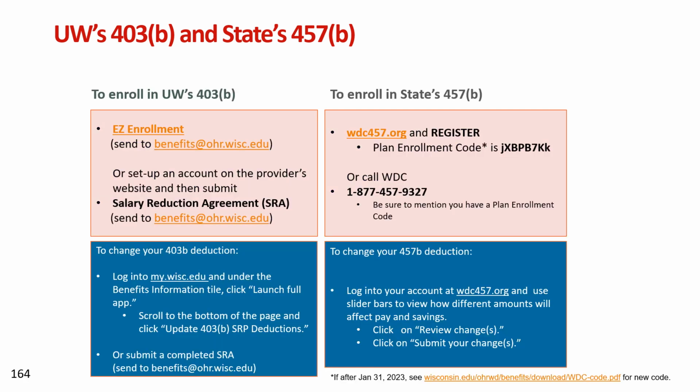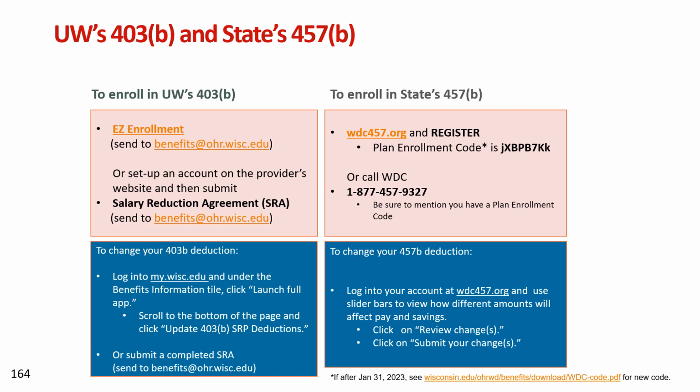To enroll in the UW's 403B, you can sign up using the Easy Enrollment Plan document and email it to us, or you could set up an account on a provider's website and then submit the salary reduction agreement, again, sending to us via email. If you want to enroll in the state's 457B, you first go to their website and register using a plan code. And the code that's on the screen here is only good through February 2nd.